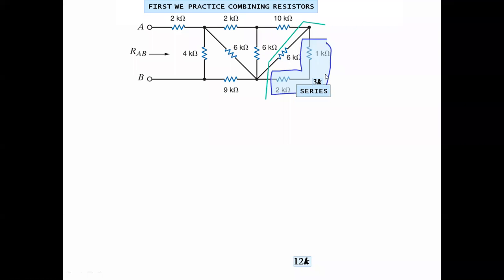We know that if there are only two resistances in parallel, we can calculate the total resistance by multiplying the two resistances and dividing by the addition of the two resistances. So the equivalent resistance will be 6 into 3, that is 18, divided by 6 plus 3, that is 9. 18 divided by 9 gives us 2 kilo ohm resistance.